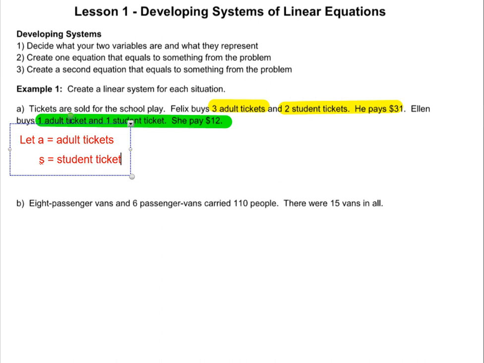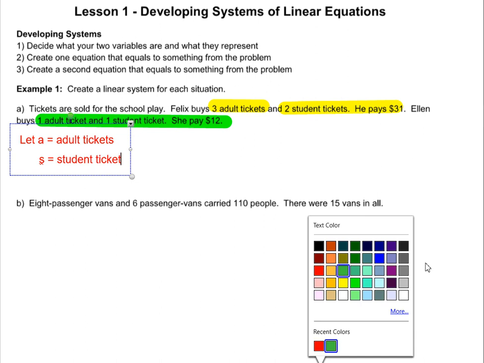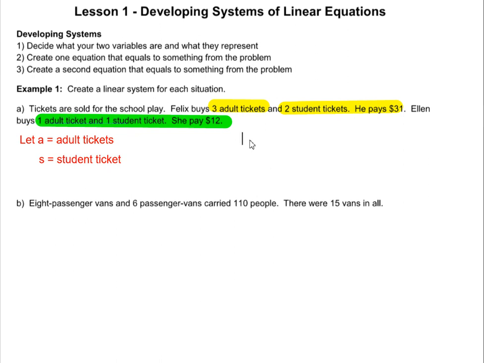Because we have two different equations, we're going to have two different lines. So I'm going to go 3 adult tickets, so 3 times A, plus 2 student tickets, so 2 times S, is going to equal $31.